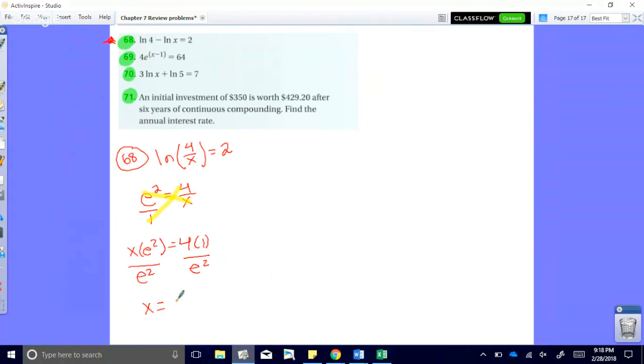So this now again becomes calculator. So I have 4 divided by e to the second. And that gives me 0.541 if I put it in there.